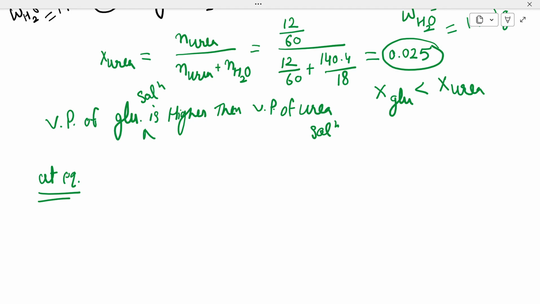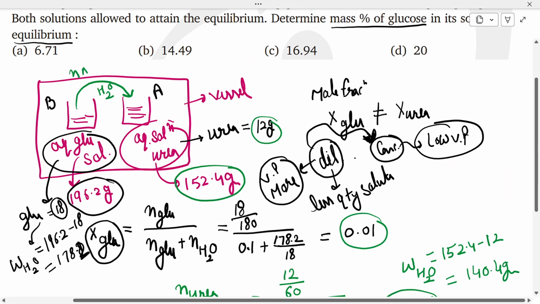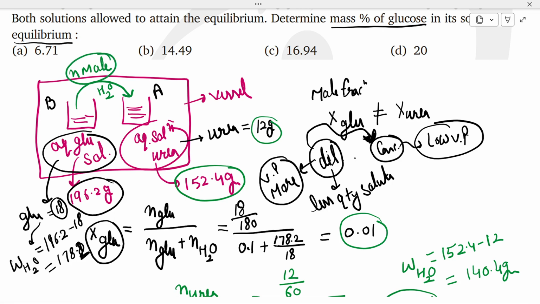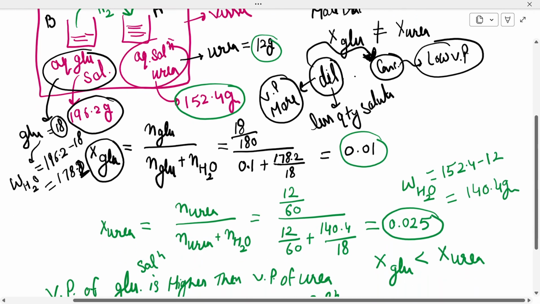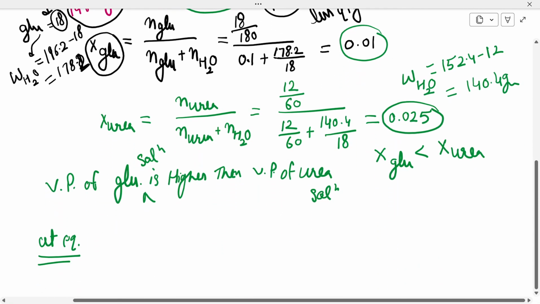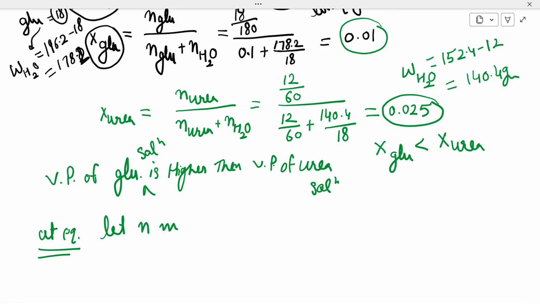So at equilibrium, what happens at equilibrium? Suppose let n moles of water are transferred from glucose solution to aqueous solution of urea at equilibrium.